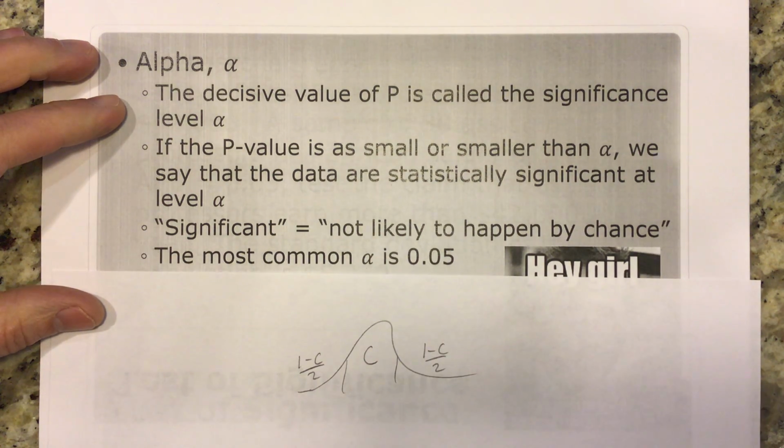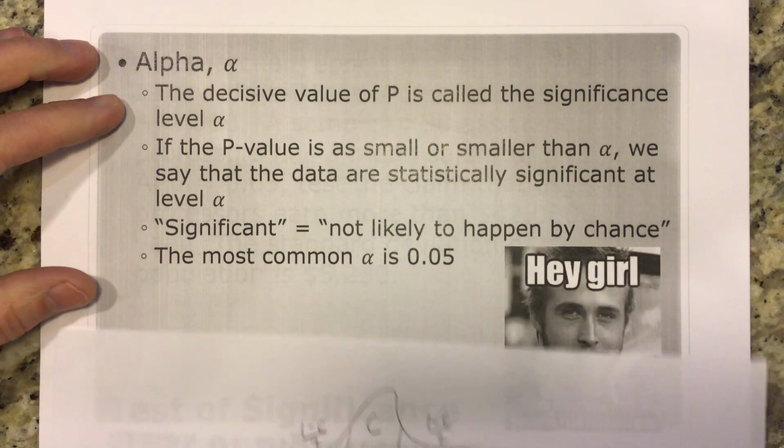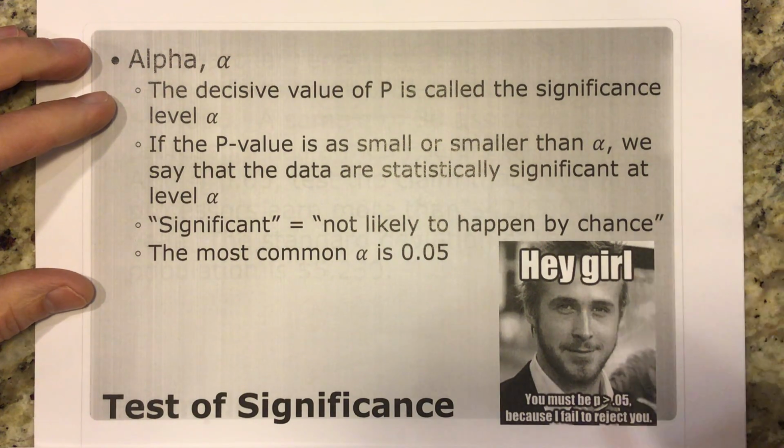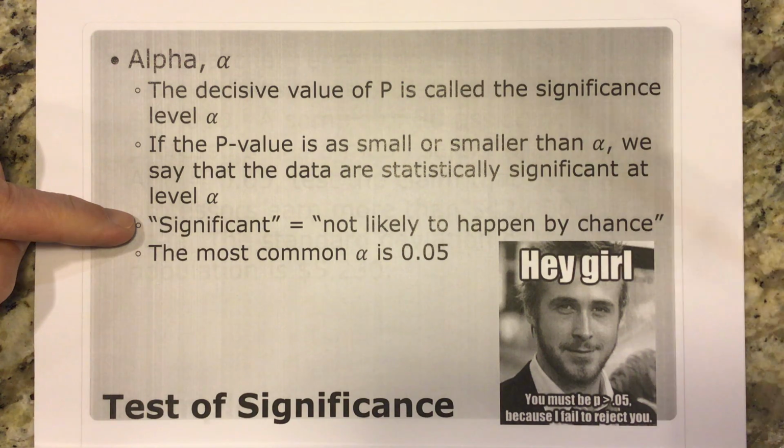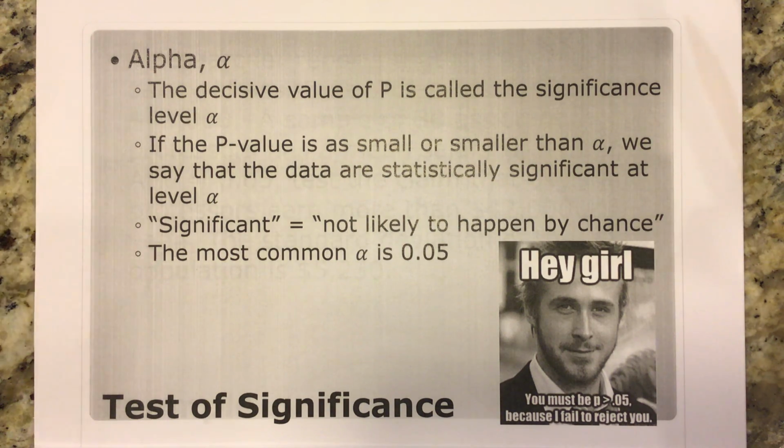The most common alpha is going to be 5%. And when we say something is statistically significant, we're simply saying it's not likely to happen due to random chance. It could still be random chance, though. That's why, again, we don't say guaranteed or proven. We say it's significant. And here's a phrase you're going to use a lot.